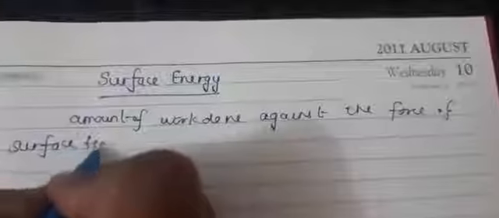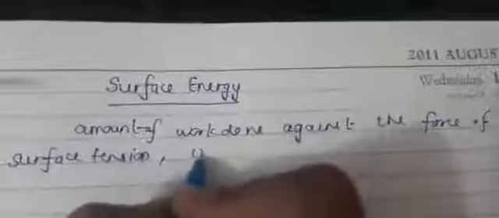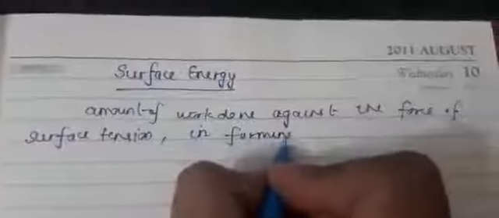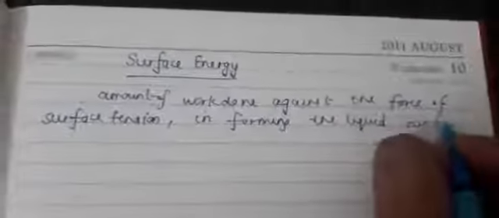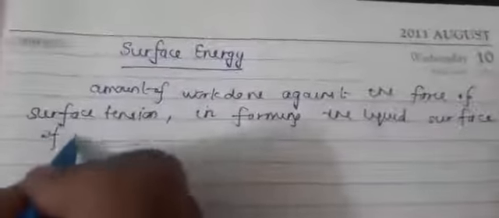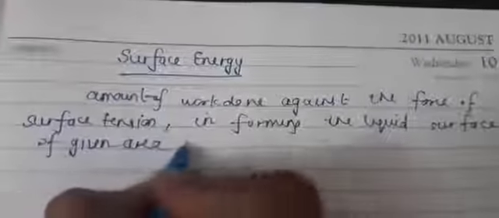So how can we define it? The surface energy of a given liquid surface is defined as the amount of work done against the force of surface tension in forming the liquid surface of given area at constant temperature.